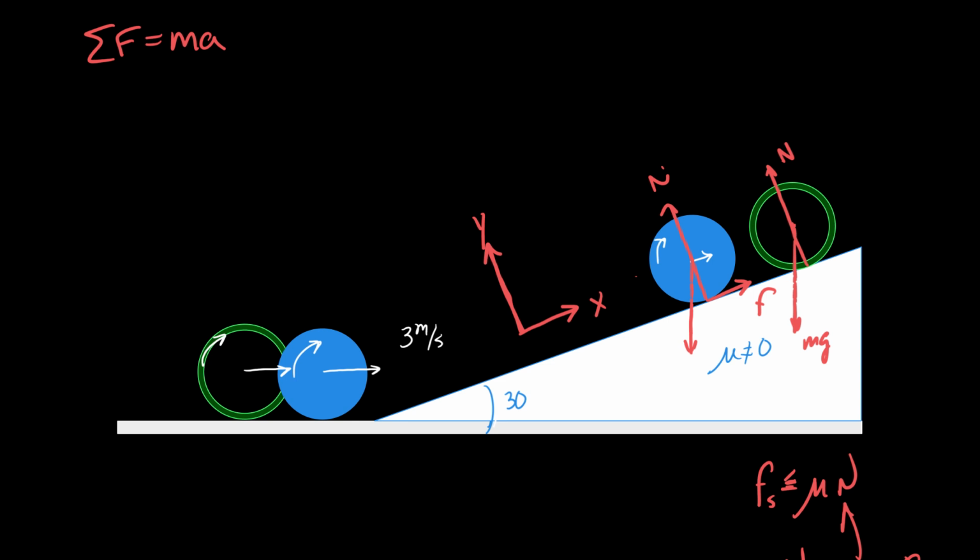So up the ramp is positive. That's fine. That means that the velocities are positive when we first start out. That make okay sense? Help me out here then. If we do that, then is the acceleration positive or is the acceleration negative? It would have to be down the ramp, correct?